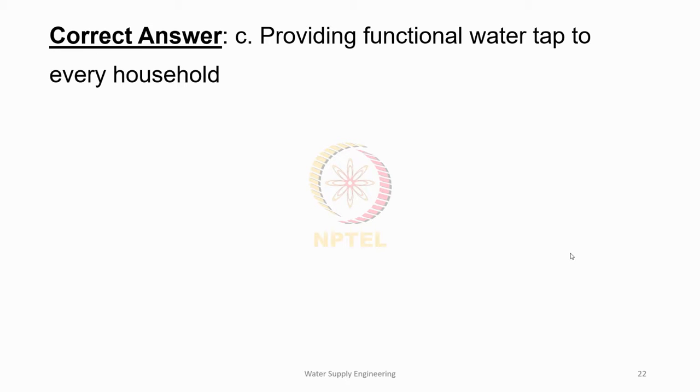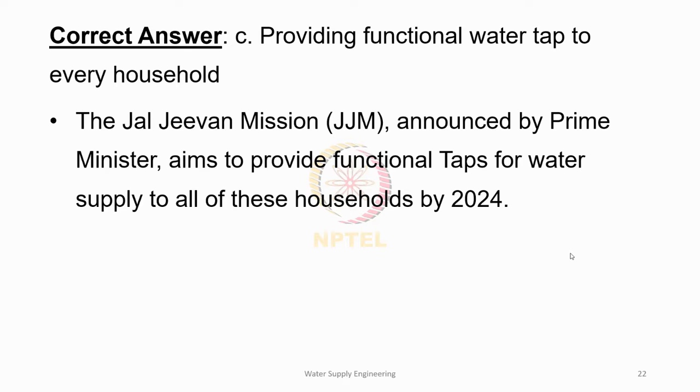That is the primary aim of Jal Jeevan Mission. It was announced by the Prime Minister, and it aims to provide functional taps for water supply to all households by 2024. That is the proposed aim of Jal Jeevan Mission.